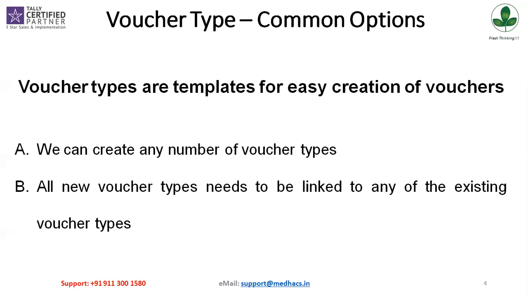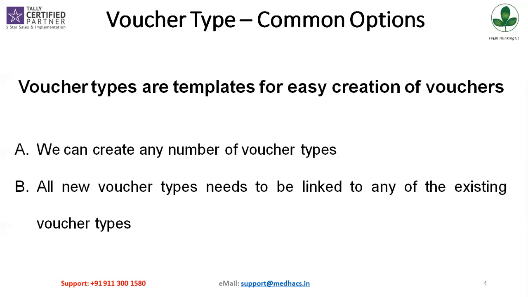When I come to purchase, I could either have voucher types based on location, or I could have different voucher types, one for local purchase, one for interstate purchase, and one for imports. So based on the business requirement, you can create any number of voucher types. There is no restriction in creating and using voucher types.